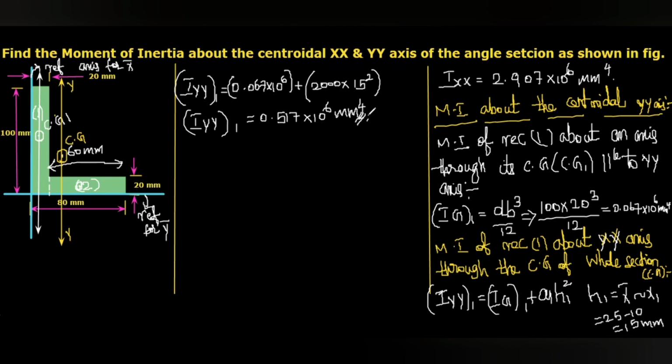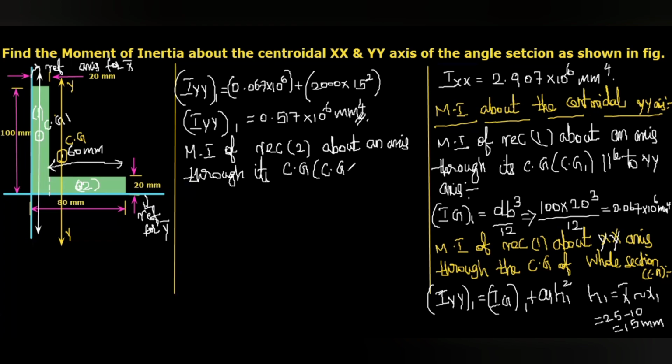Okay, so we calculated IYY1. Next, we are going to consider the moment of inertia of rectangle 2. The moment of inertia of rectangle 2 about an axis that passes through its center of gravity, that is CG2, and is parallel to the YY axis.